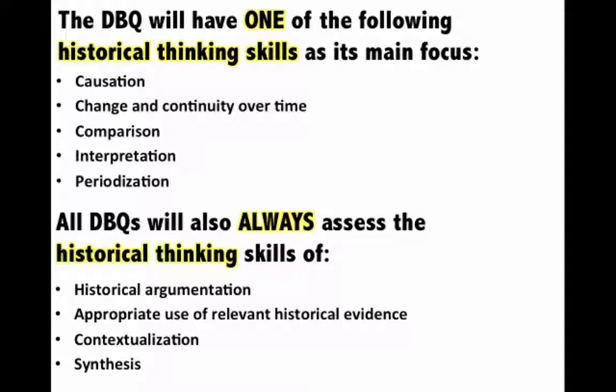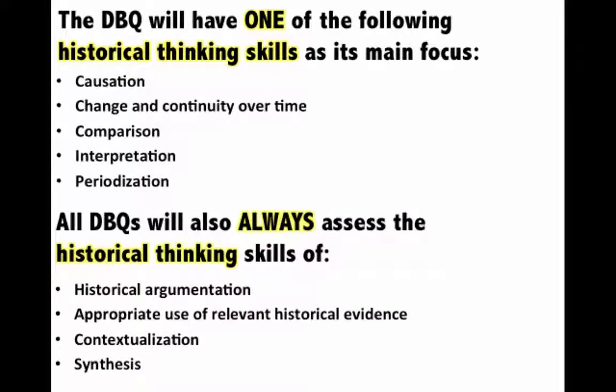Now, all DBQs are always going to assess the historical thinking skills you see right there at the bottom. You're going to have historical argumentation. How do you use evidence to create an argument? You're going to have to demonstrate your ability to appropriately use relevant historical information, so, information to advance your argument.